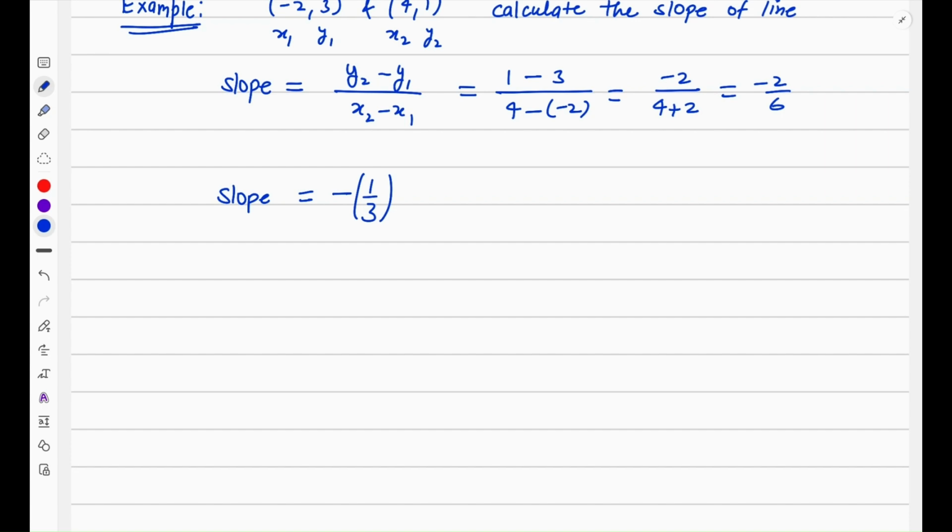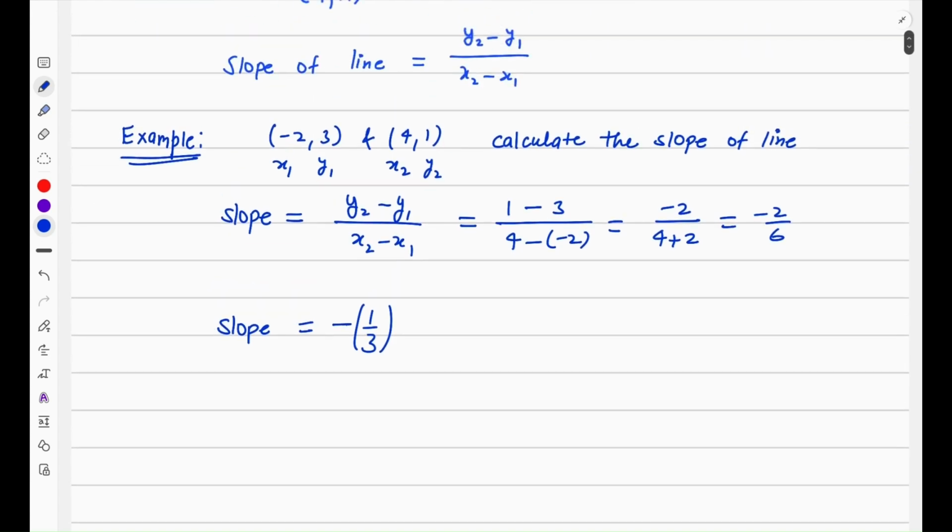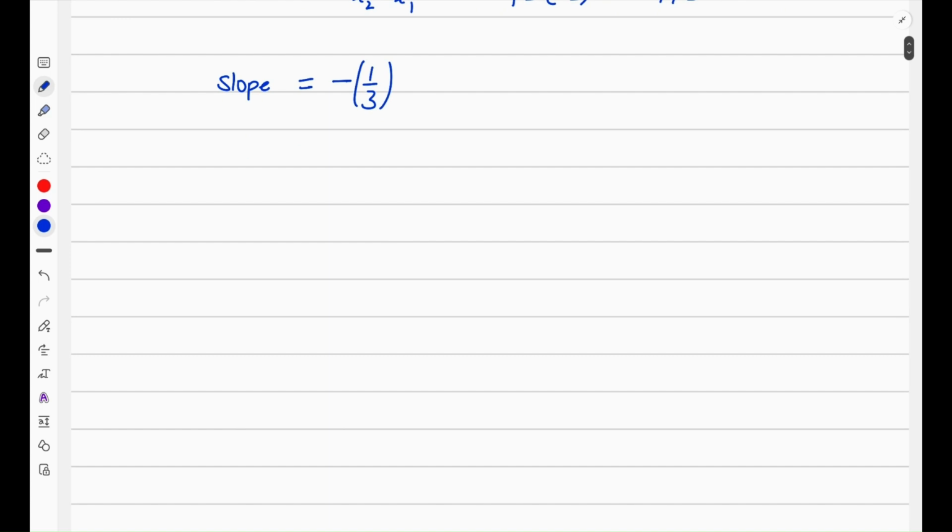So the next thing that we are studying in this prerequisite is the slope-intercept form of a line equation.